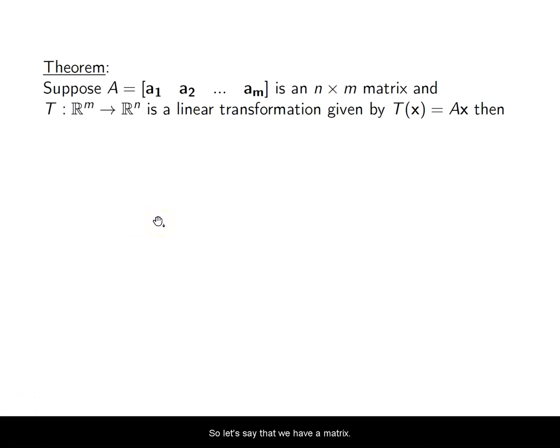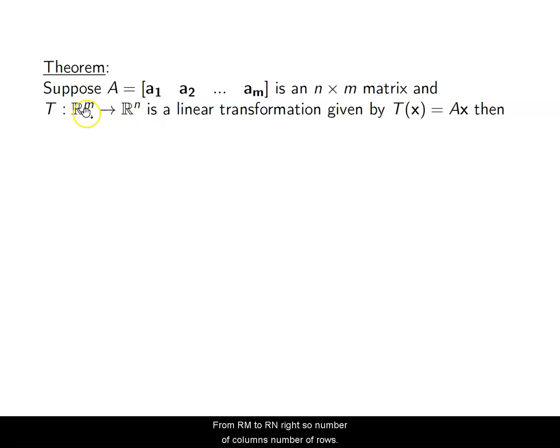So let's look at another theorem. Let's say that we have a matrix A that is n by m. So it has m vectors, and each of these m vectors has n elements, right? And we have a linear transformation from Rm to Rn, right?